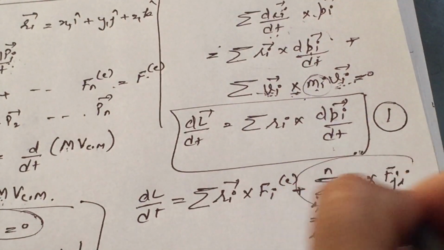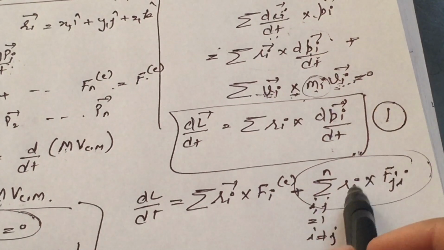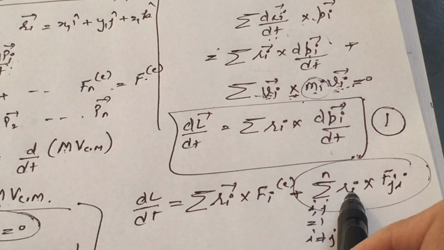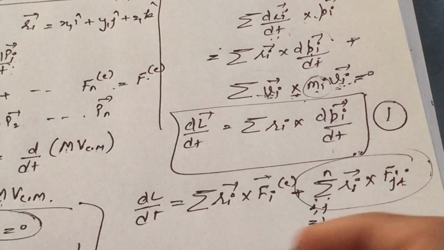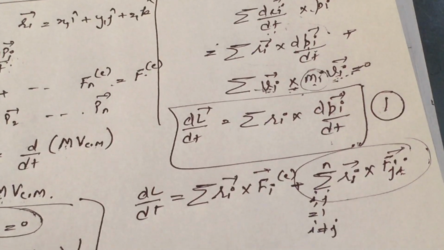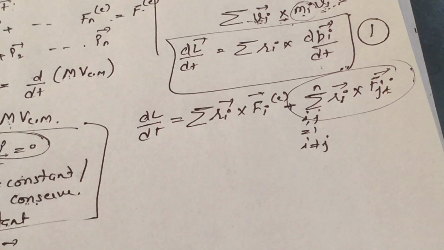Now we will solve this term. This term is representing the cross product of the position vector of the ith particle with our internal forces. We will find out what this whole cross product gives us.